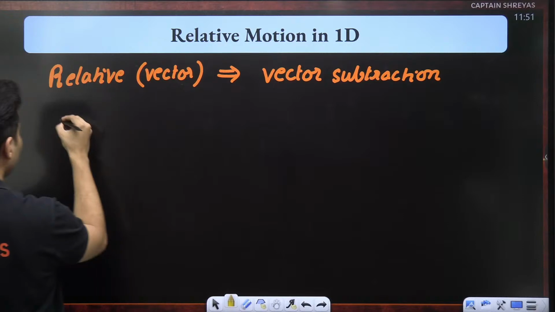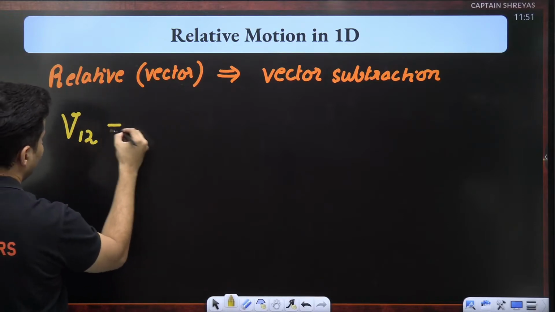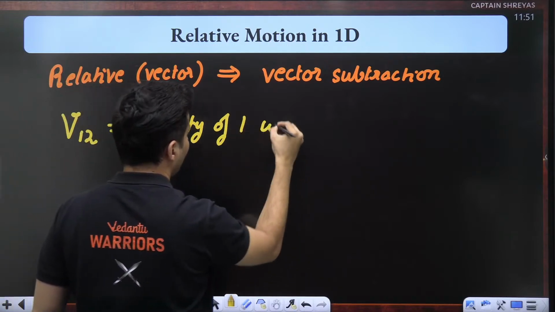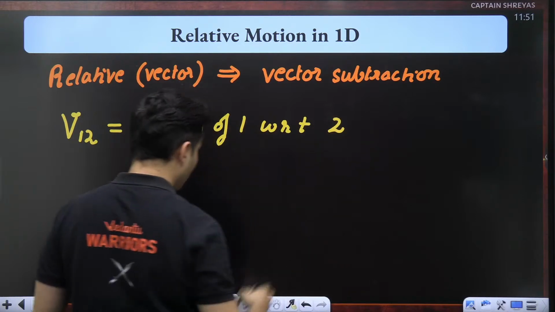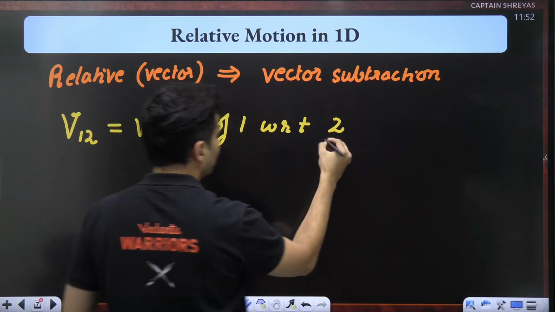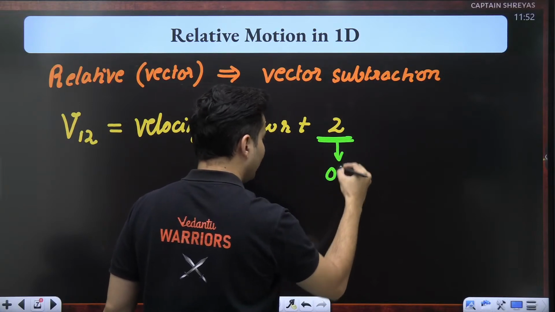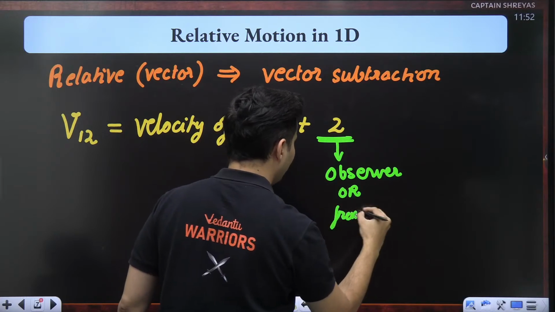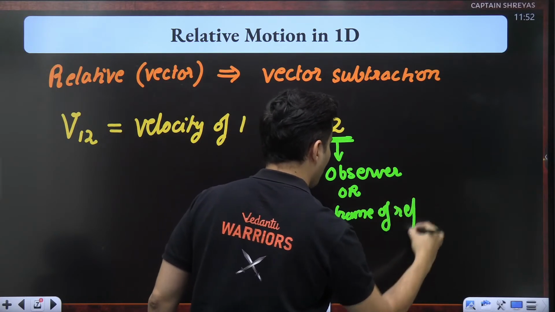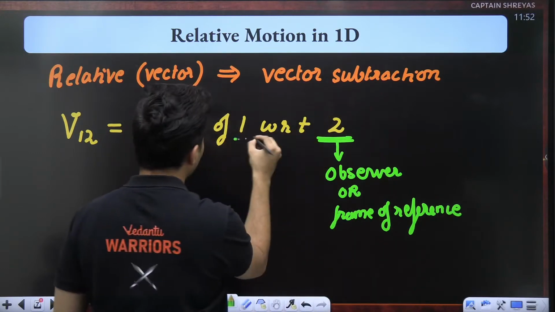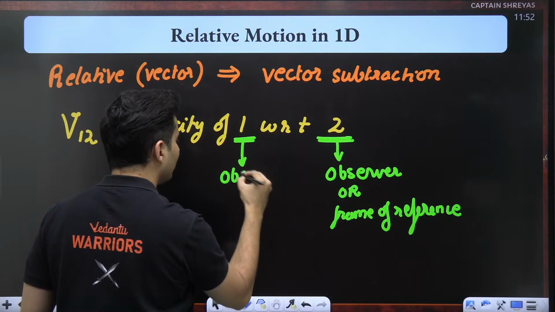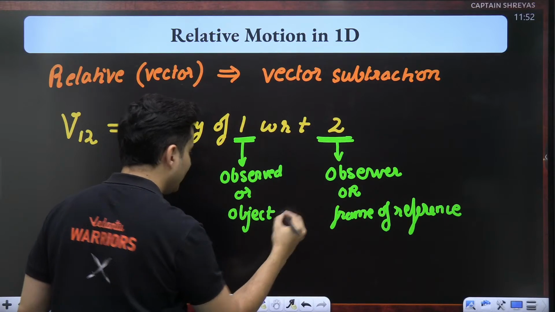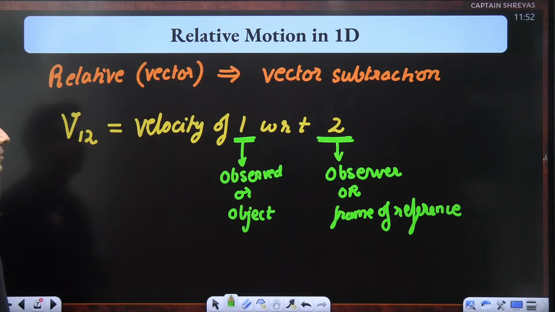When I write V12, it means velocity of 1 with respect to 2. In this case, you will notice that this number 2 is nothing but our observer, or I would say the frame of reference, and this number 1 is being observed, or it is the object, or it is the particle. This is how the nomenclature goes.